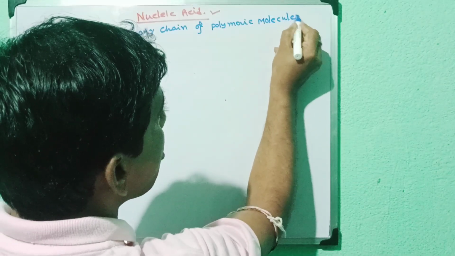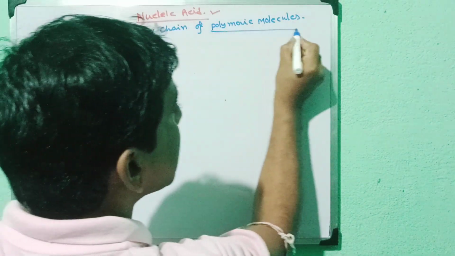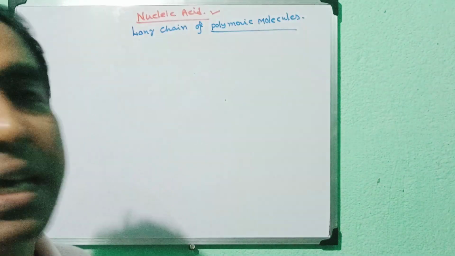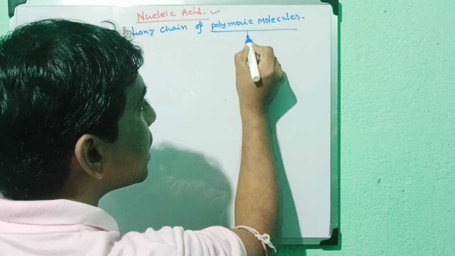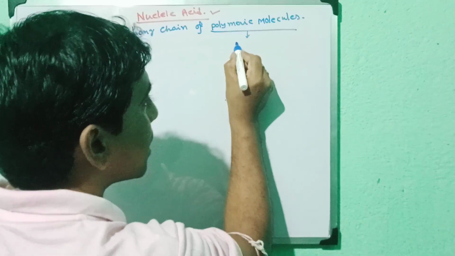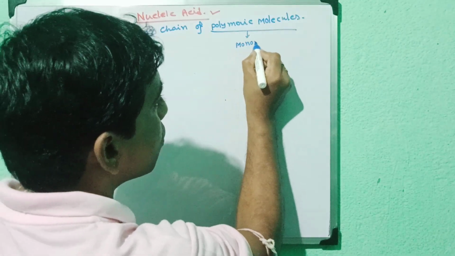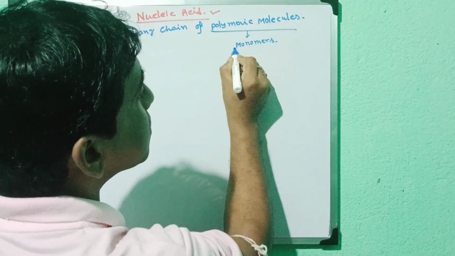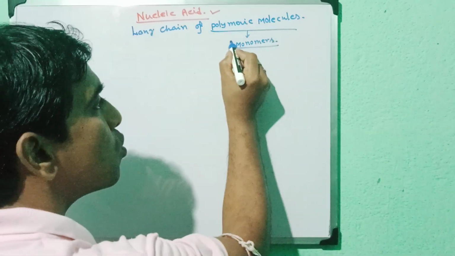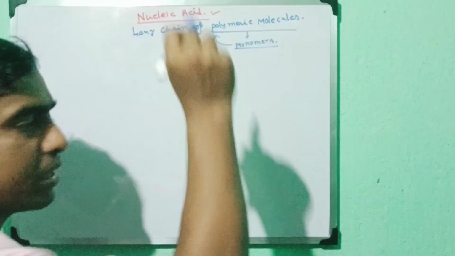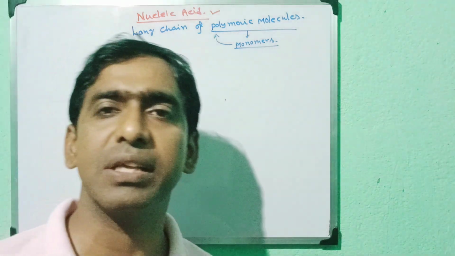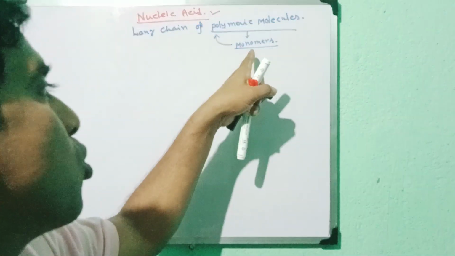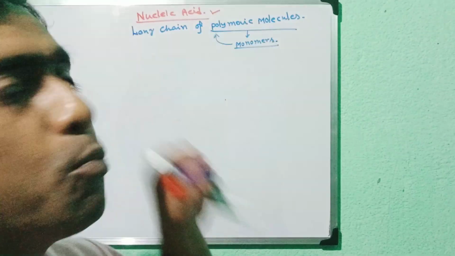The long chain of that polymeric molecules contain many monomers. More monomers are contained in the polymer. The polymer is a repeated unit of monomers.